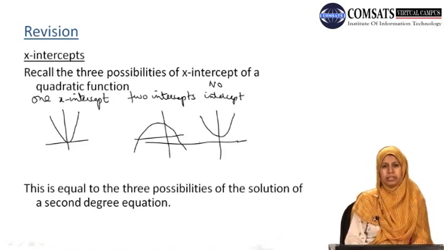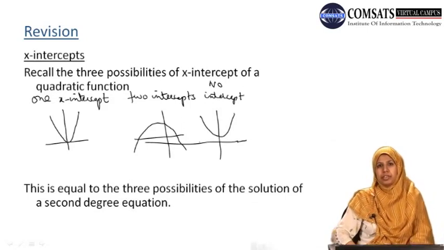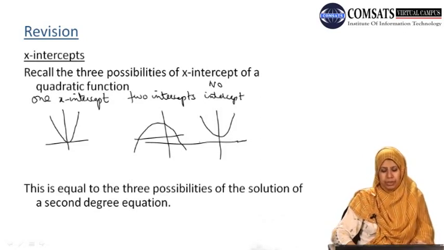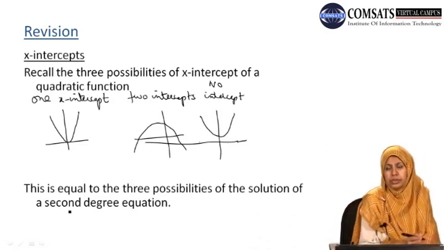Now these three possibilities of the x-intercept of a quadratic function correspond to the three possibilities of the solution of a second degree equation. If you remember the lectures from our first chapter where we solved the second degree equation, we have seen that the roots, either by making the factors or by using the quadratic formula, can be of three types at most. That is one real root, two distinct real roots and no real root.